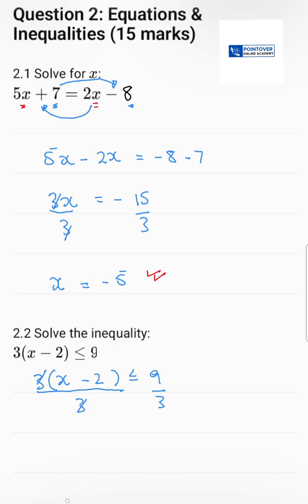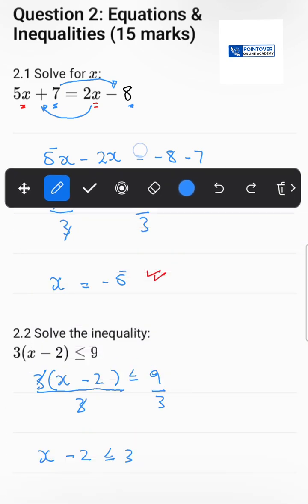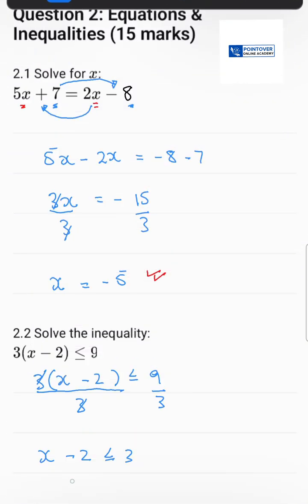This and this will cancel out, and we'll be left with x minus 2, less or equal to what? To 3. And from here, we're going to transpose this negative 2 to the other side. So we'll have x less or equal to what? 5.